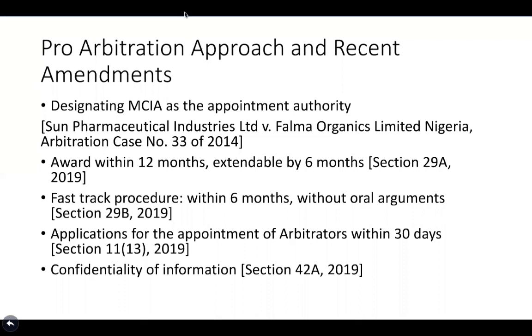The second last point is that the applications for the appointment of arbitrators should be disposed of within 30 days. And one of the pro-arbitration approaches was inserting a provision with respect to confidentiality. This was inserted under 42A of the Act. So that's about the pro-arbitration approach.